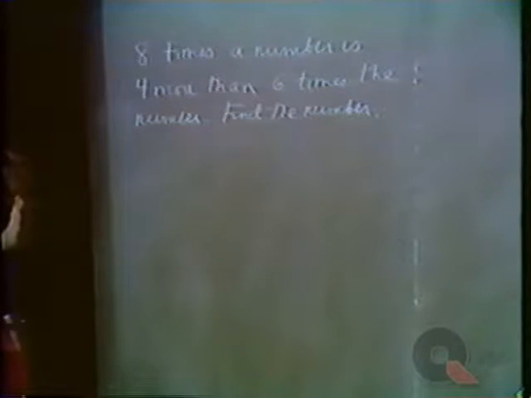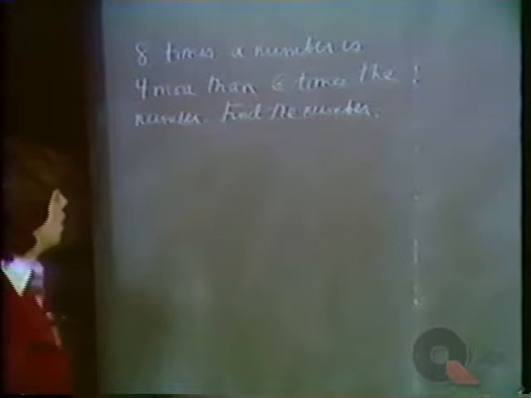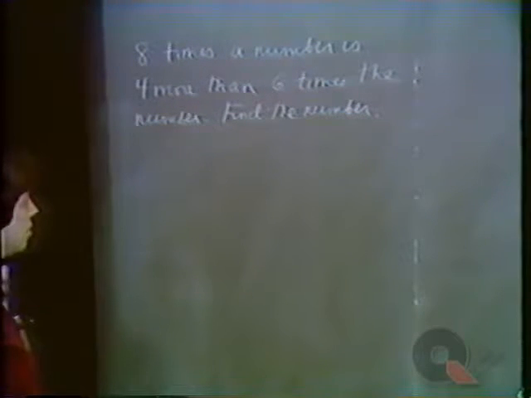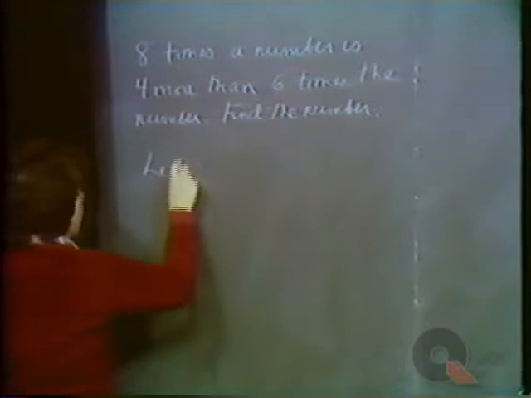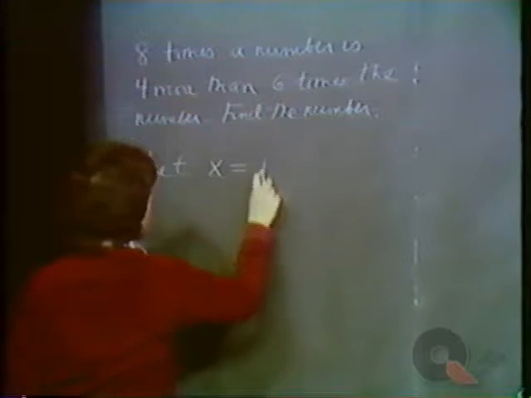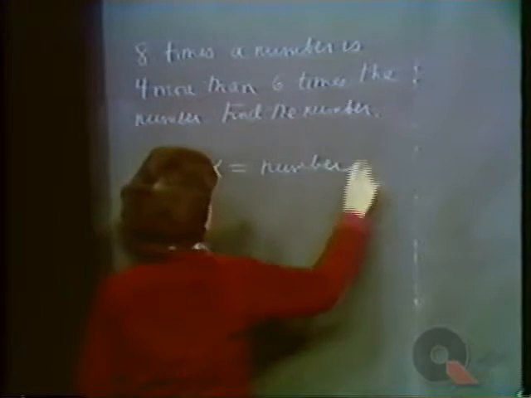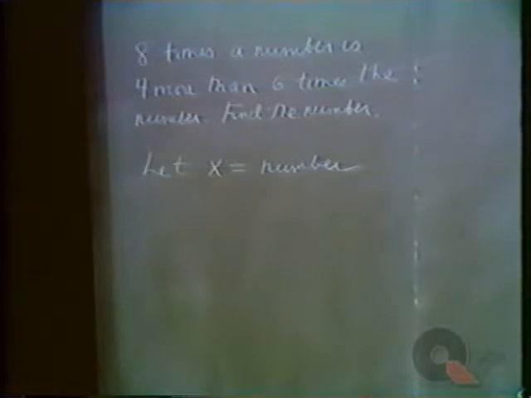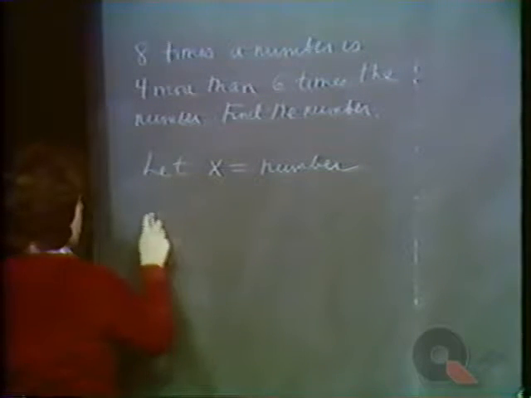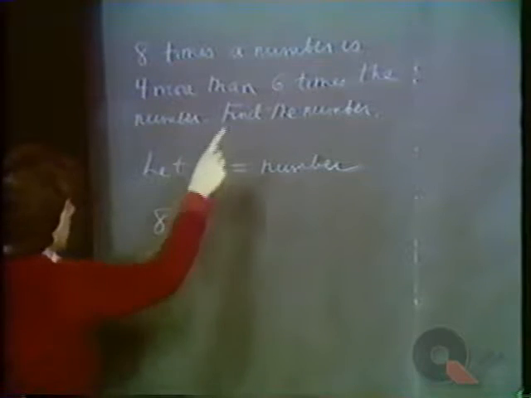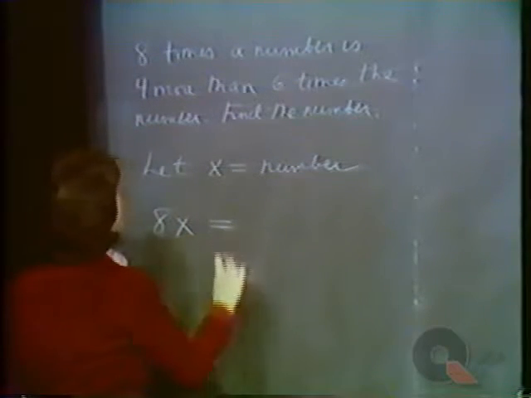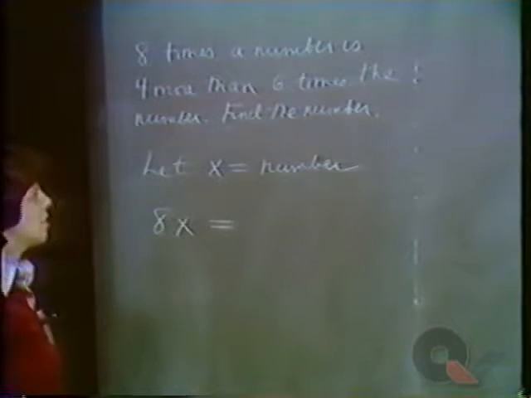8 times a number is 4 more than 6 times the number. Find the number. So let's let x equal the number that we're looking for. 8 times the number, 8 times x, equals 4 more than 6 times the number.